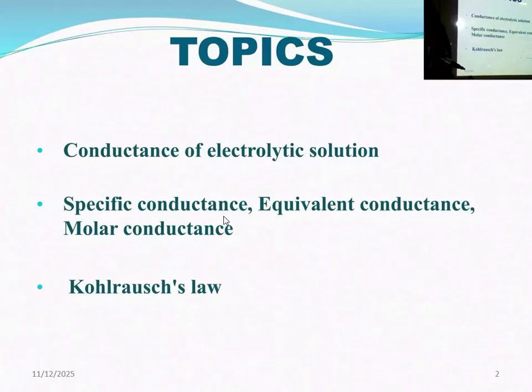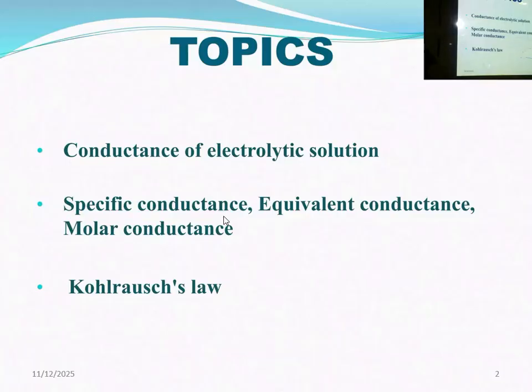But for a strong electrolyte, if you go for more and more dilution, then they are getting separated and their ionic mobility increases. As a result, there is some outcome.